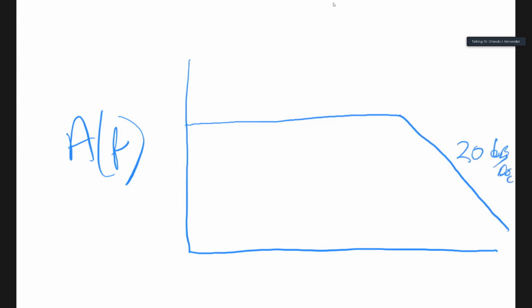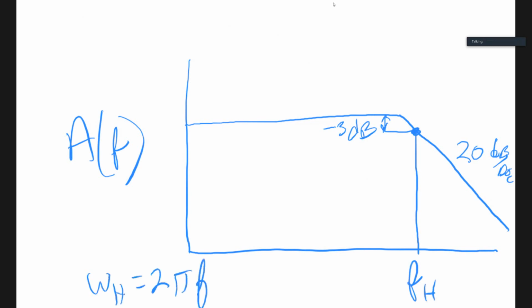And here, that's omega H. So this is the high frequency pole that we are talking about.